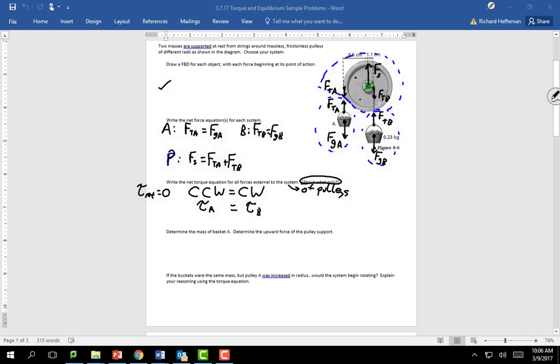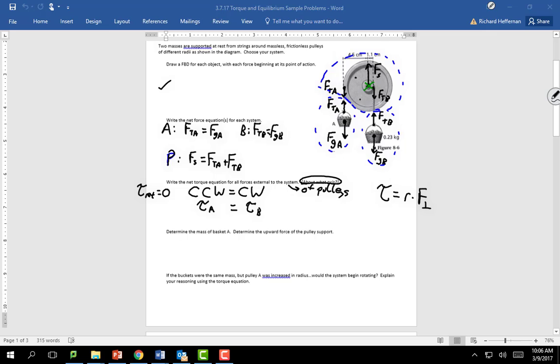What's our equation for torque? Lever arm times the force perpendicular to it. Is this force of something have any lever arm? No. It's being applied right at the axis of rotation, right?